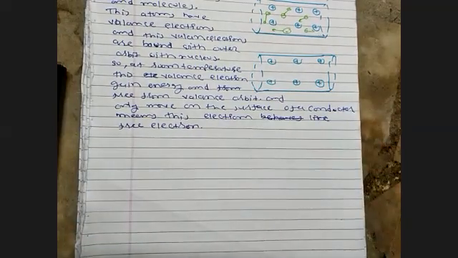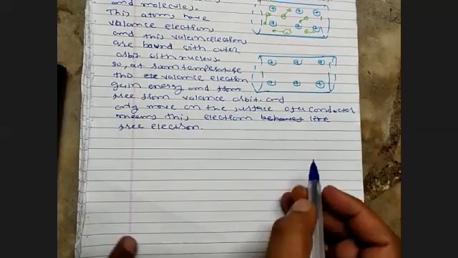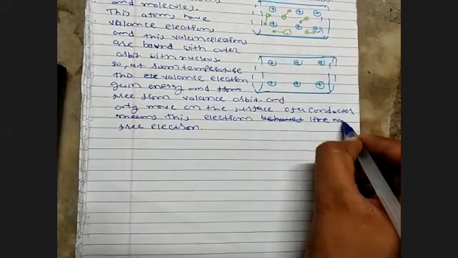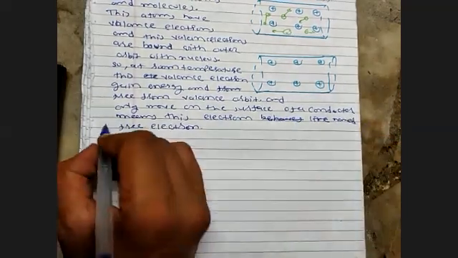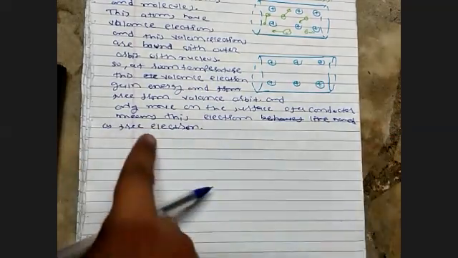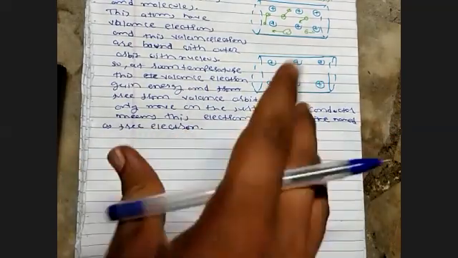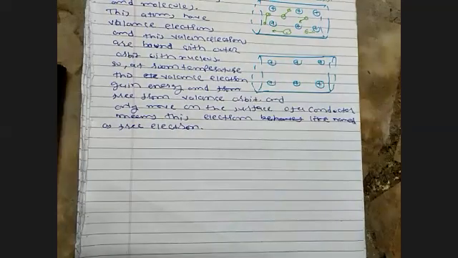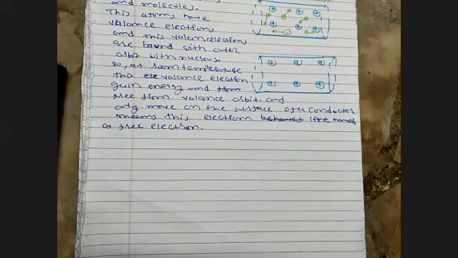This electron is named as a free electron. With the help of this free electron, an object is named as a conductor, and if there is no free electron, that object is named as an insulator.